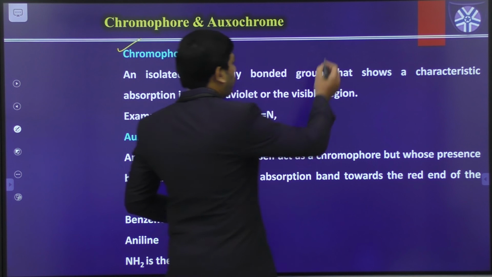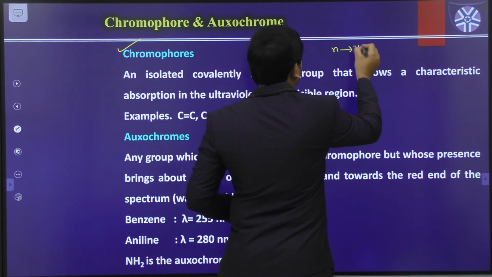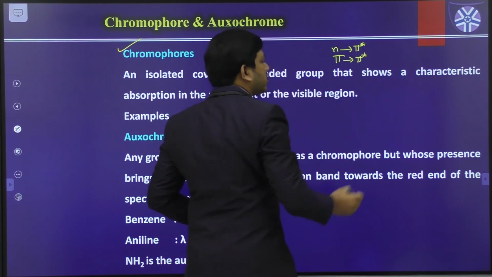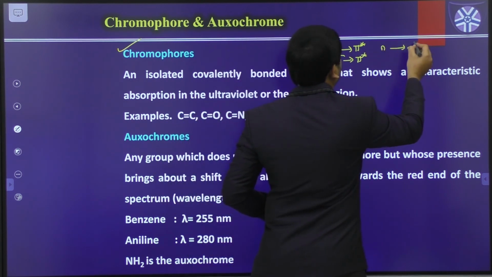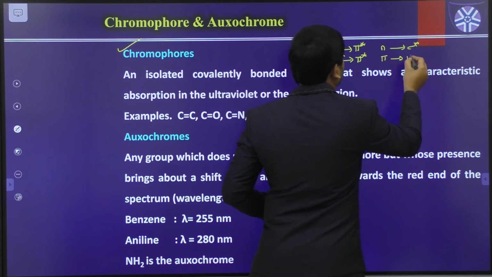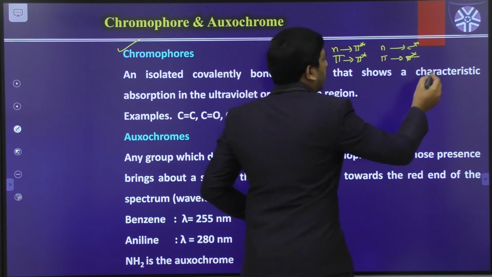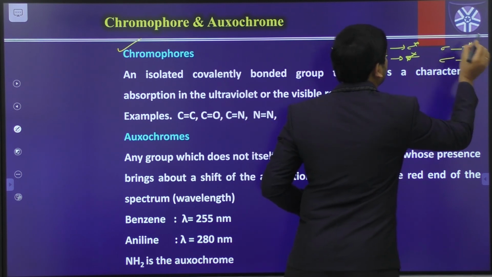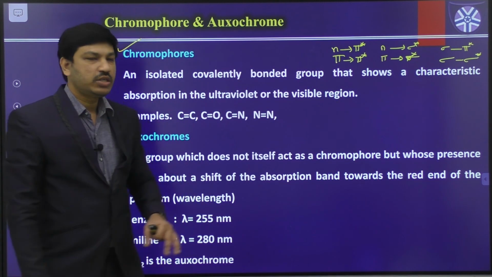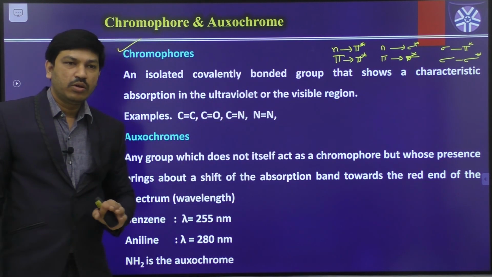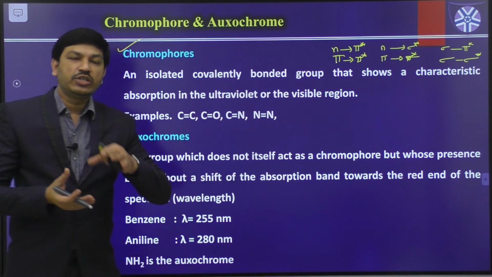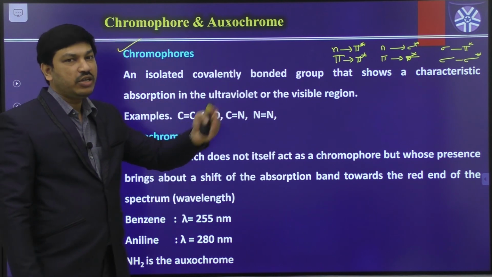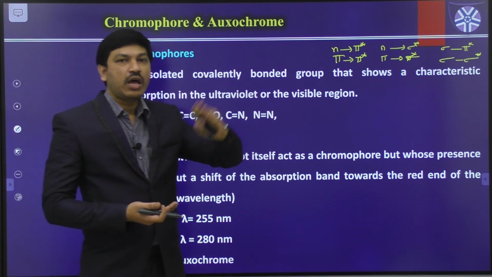Either n to pi star is possible in some cases, or pi to pi star in other cases, or n to sigma star or pi to sigma star, or sigma to pi star or sigma to sigma star. So these are the possible transitions in any molecule. But among these, the most probable transitions are the lower energy transitions. They require lower energy in order to promote the electron from the ground state to the higher energy state.